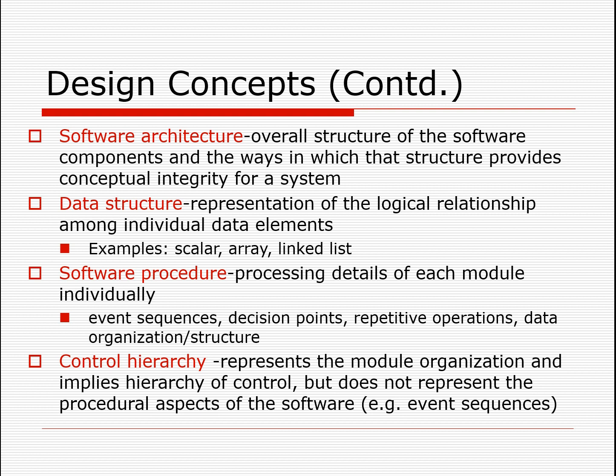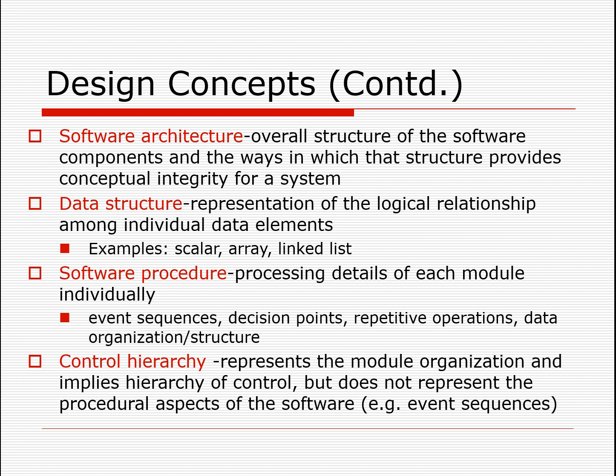So next is software architecture. As you know, the architecture mostly depends upon the designing part. It is the overall structure of the software components and the way in which the structure provides conceptual integrity for the system. With a good software architecture we are considering a good return on investment with respect to the desired outcome. So whenever we design, we consider all these aspects.